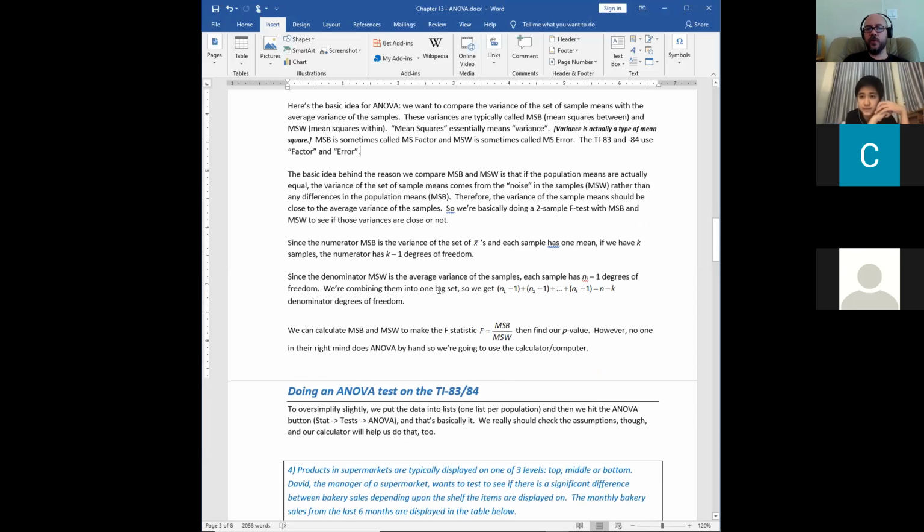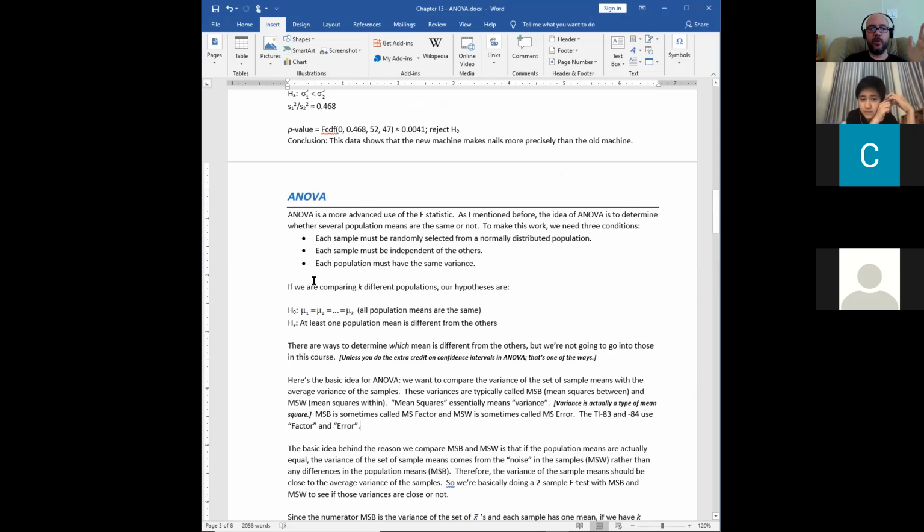Okay, so let me talk about degrees of freedom and then we'll do a test. For the degrees of freedom for MSB, remember that MSB is the set of the sample means. So there's one per sample, and we have k of those since we're comparing k samples from k different populations. So we get k minus 1 for the numerator degrees of freedom.